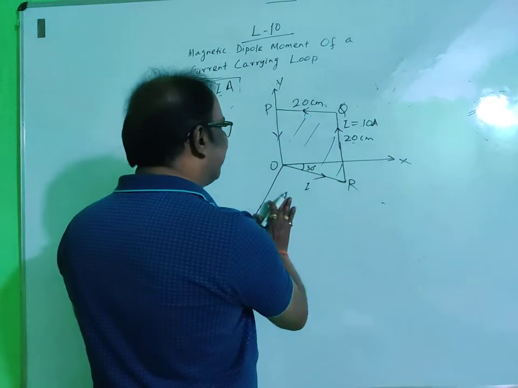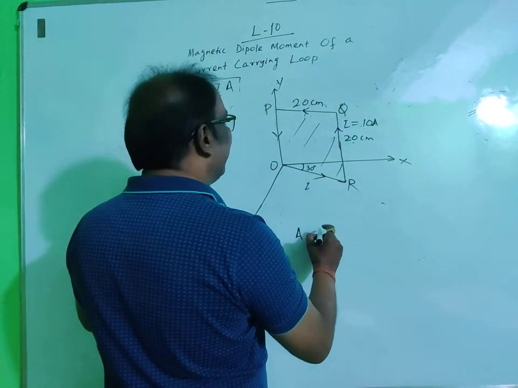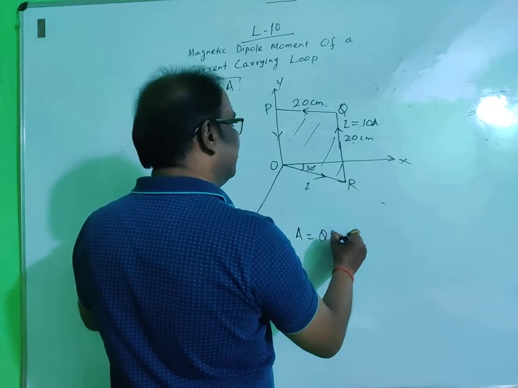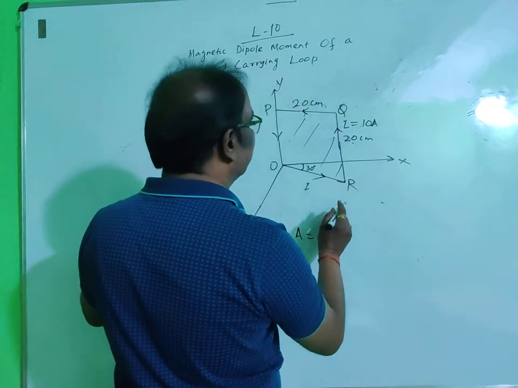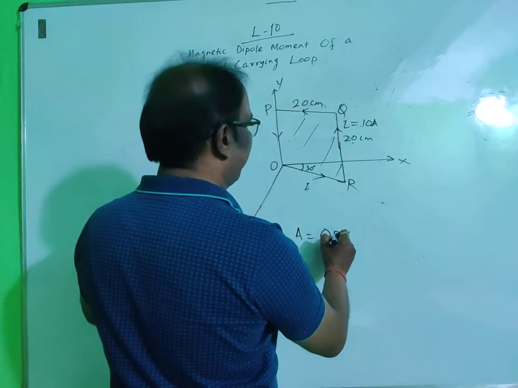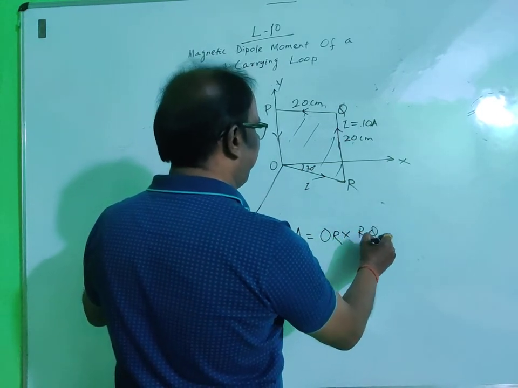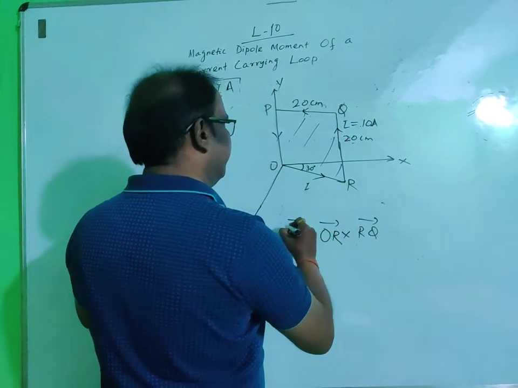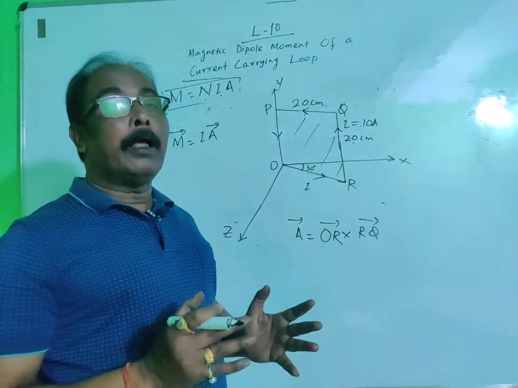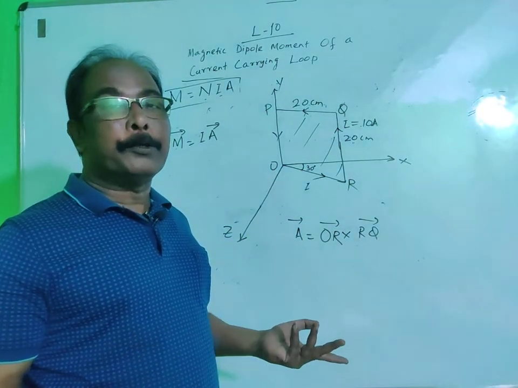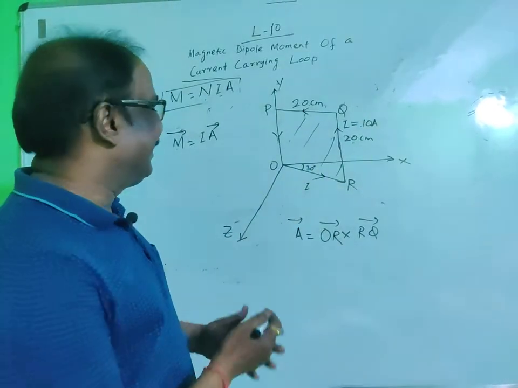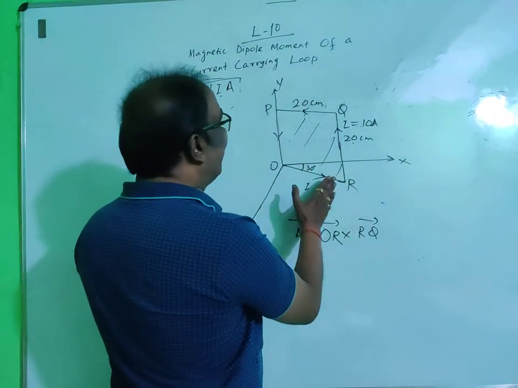The area of a rectangle or square is the cross product of the sides, so the area vector is OR cross RQ.